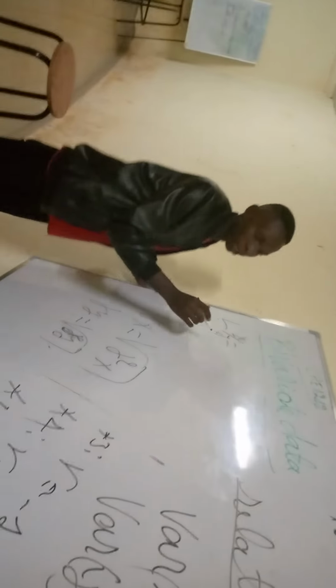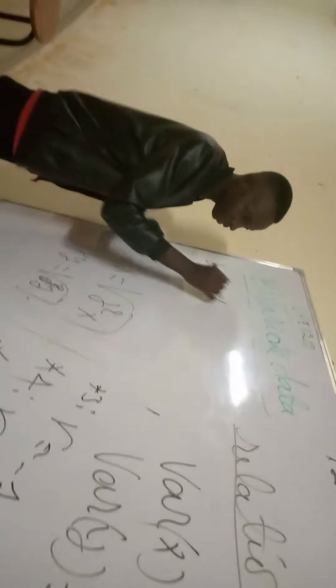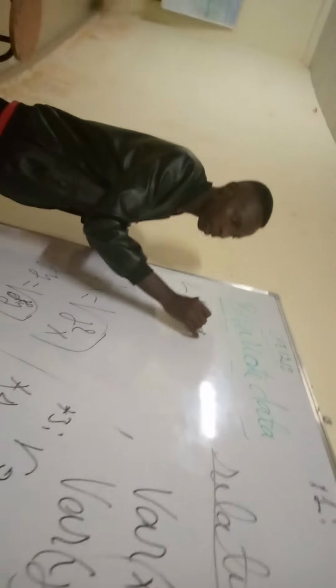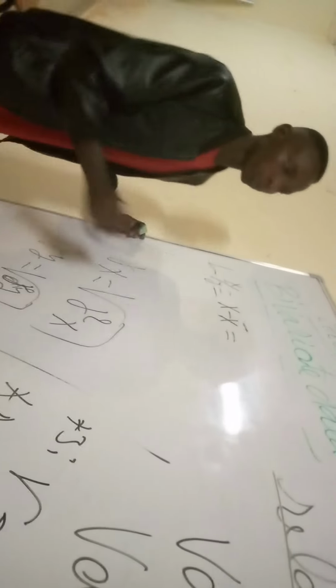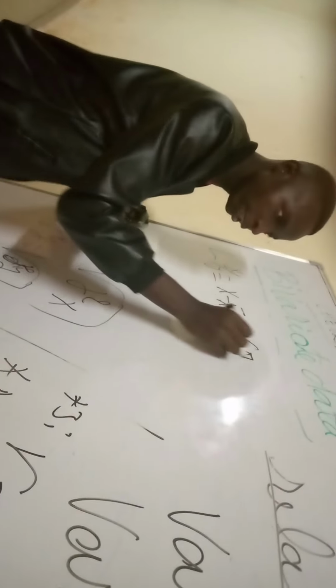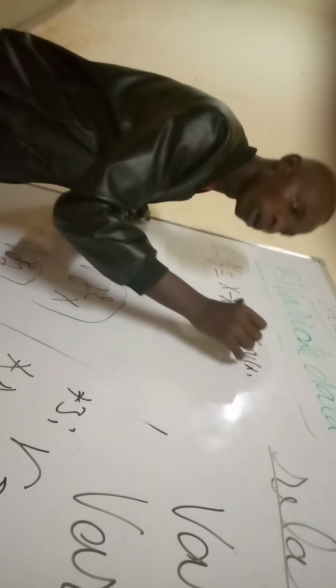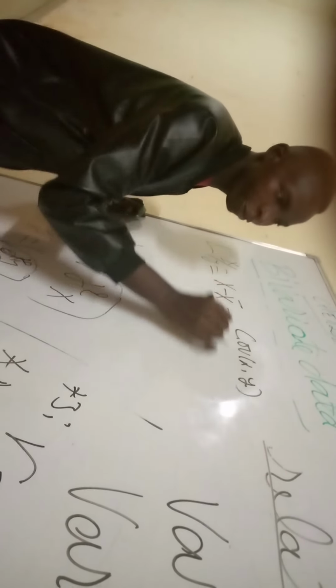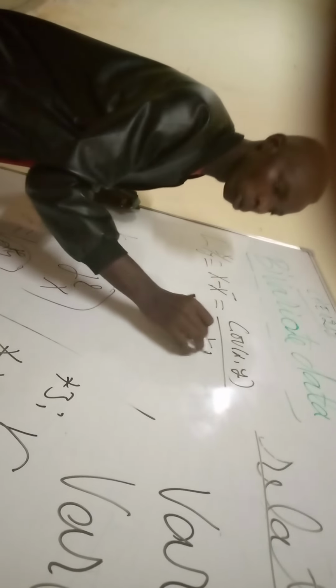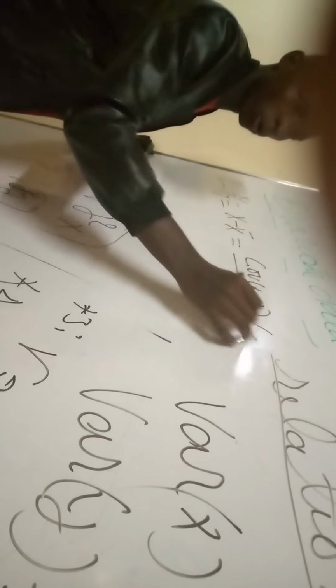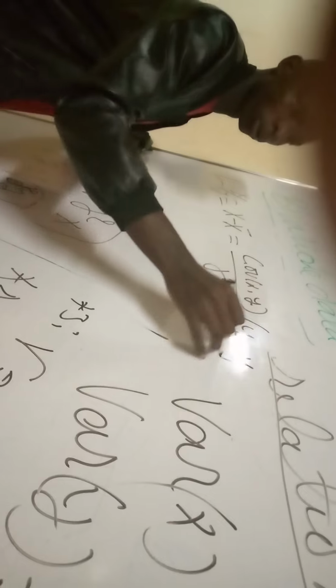The regression line of x on y has the equation x minus x mean equals covariance of x and y over variance of y, times y minus y mean.